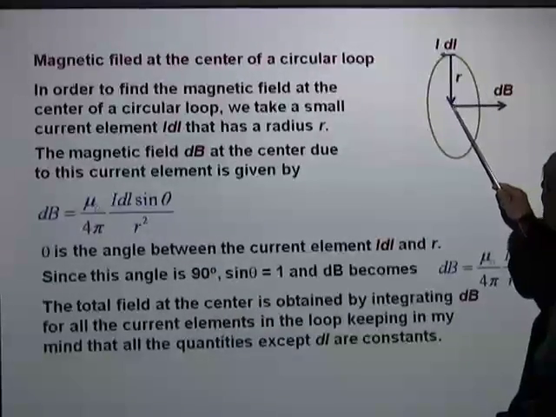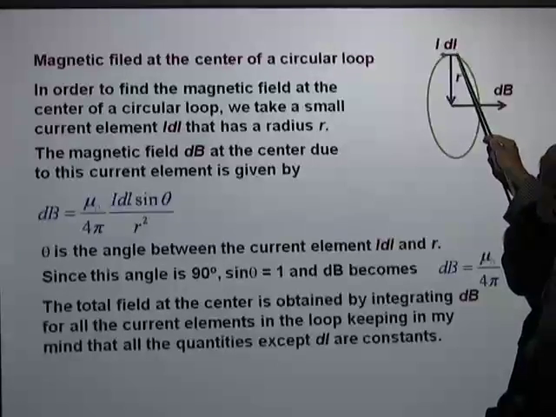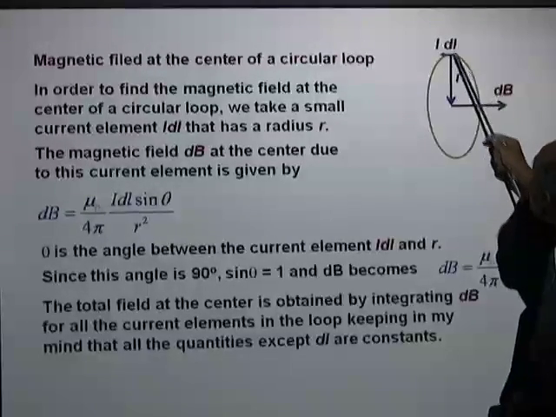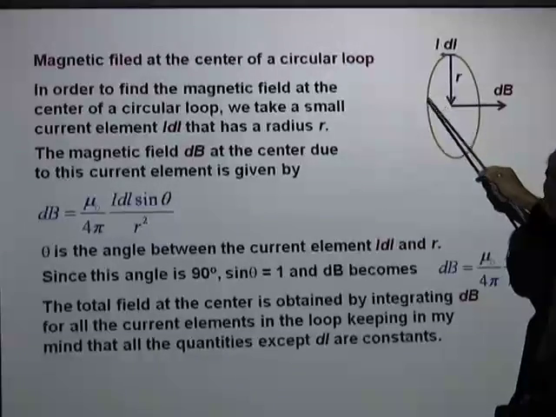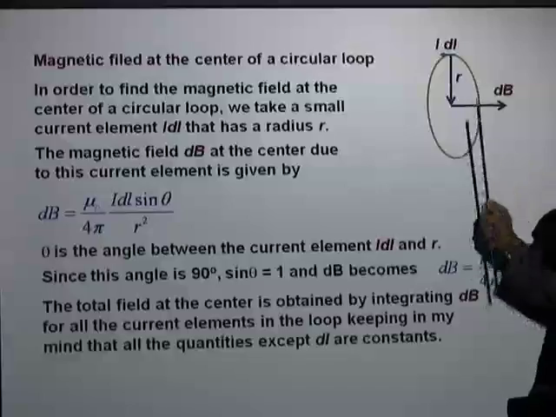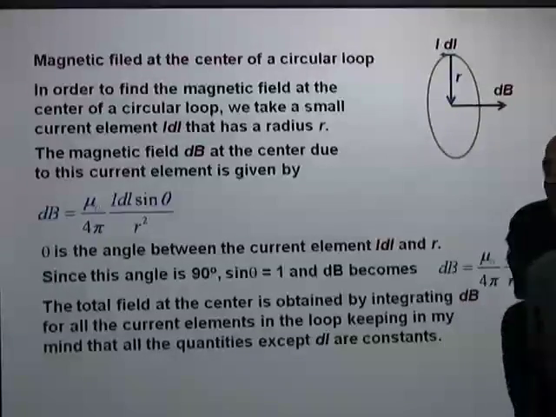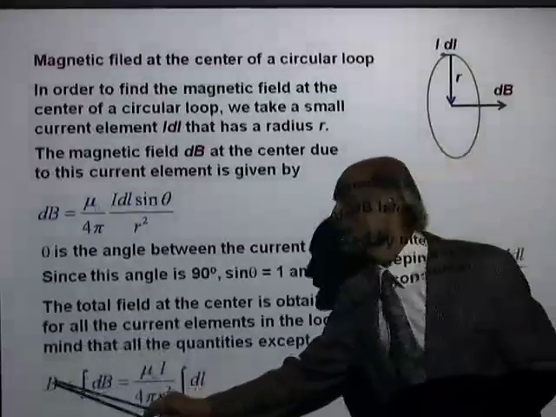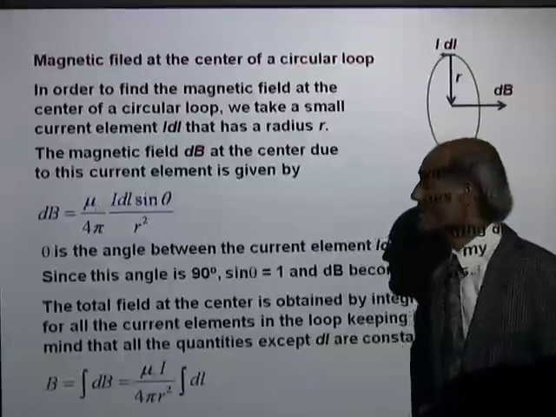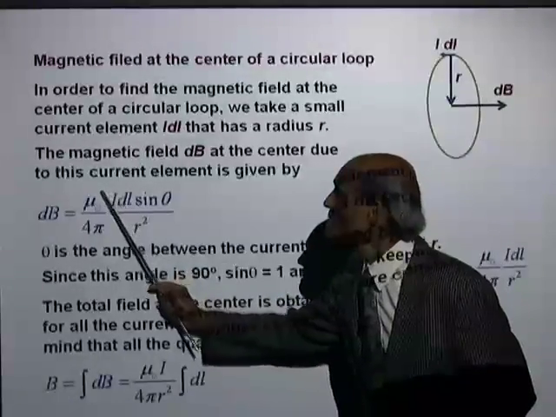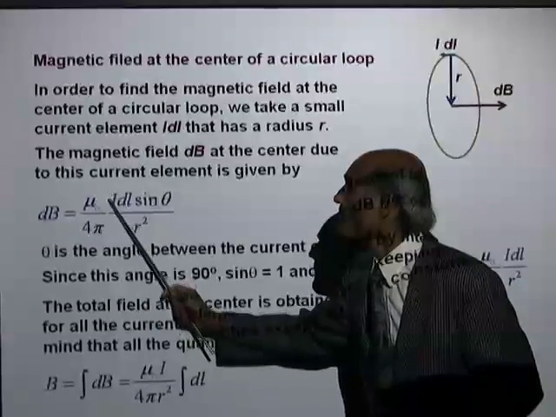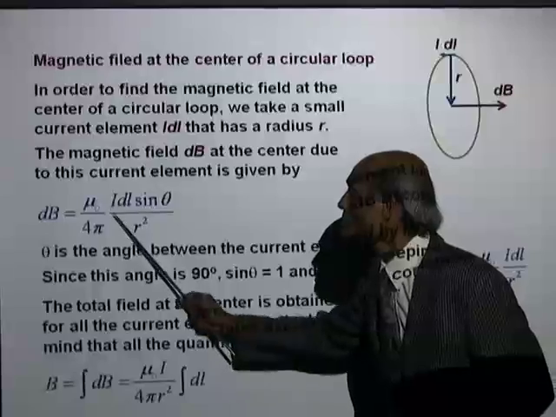To find the total field at this point, we need to find the dBs due to all such current elements and add them all together. In other words, we do an integration. So B equals the integral of dB, where dB equals mu 0 over 4 pi, IdL over r squared.